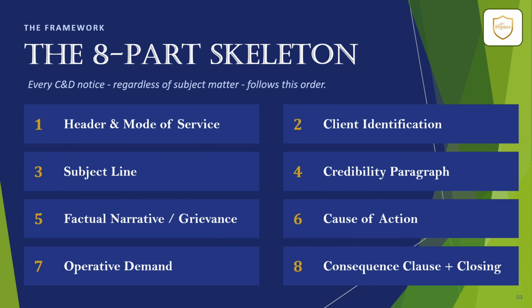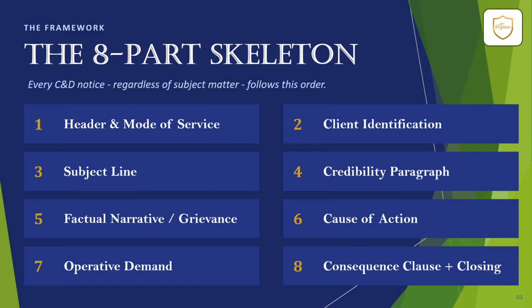So here is the single most important slide of today's class. Write this down: every cease and desist notice follows the same eight-part skeleton, having a header and mode of service, client identification, the subject line, the credibility paragraph, and then it narrates the grievances and the cause of action, followed by the operative demand and the consequences clause along with the closing.